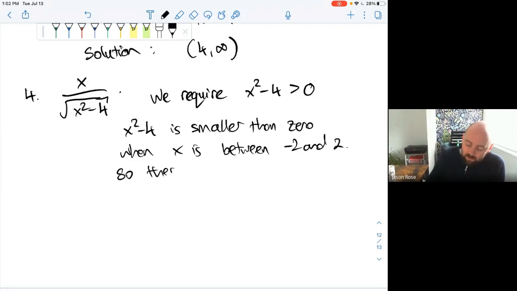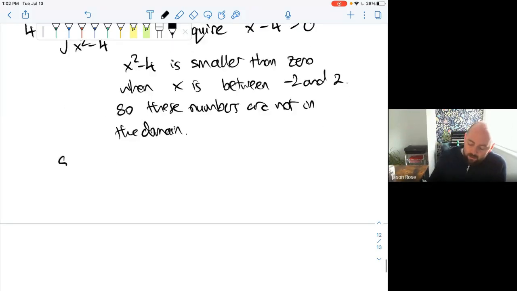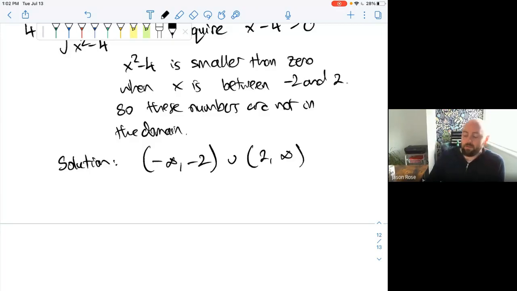So these numbers are not in the domain. So the solution is going to be minus infinity to minus 2 union 2 to infinity. Okay. That clear for everybody?